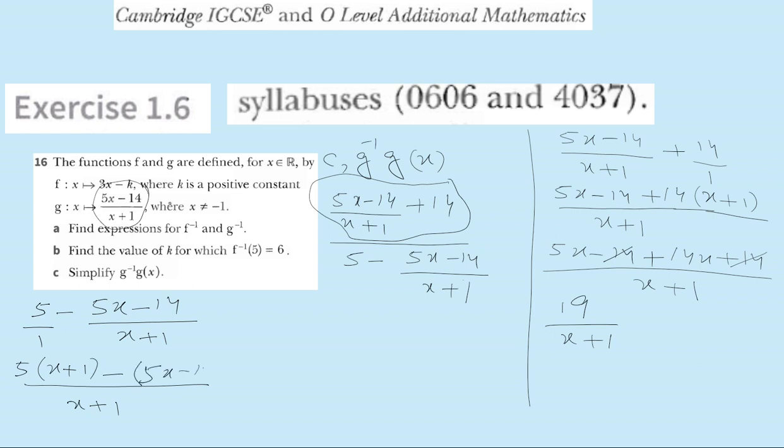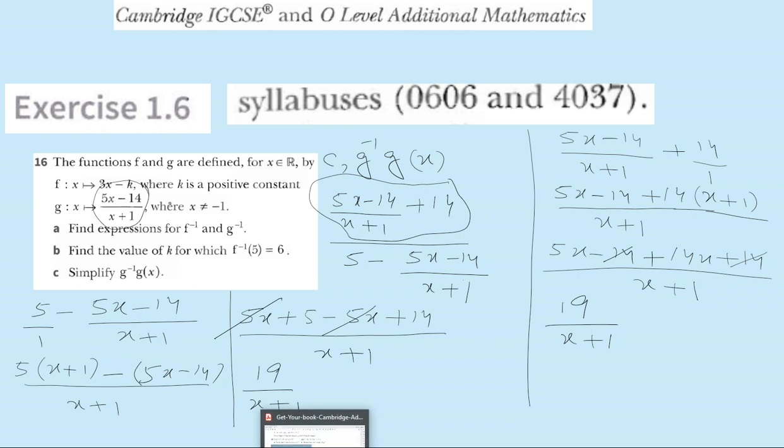The remaining is 5x minus 14. We have to put it in the bracket because this is the negative sign. Now simplify this. 5 into x, 5x, 5 ones are 5, minus 5x, minus minus plus 14 upon x plus 1. So this minus 5x cancels this minus 5x, and 14 plus 5 is what? 19 upon x plus 1.